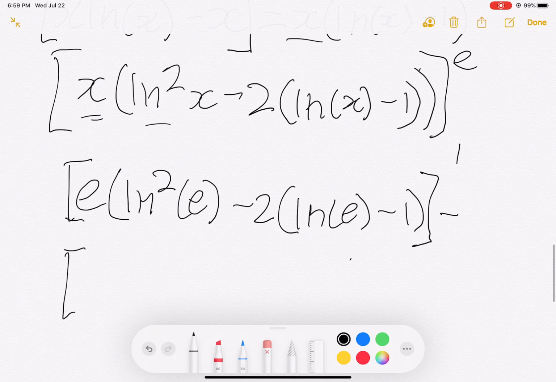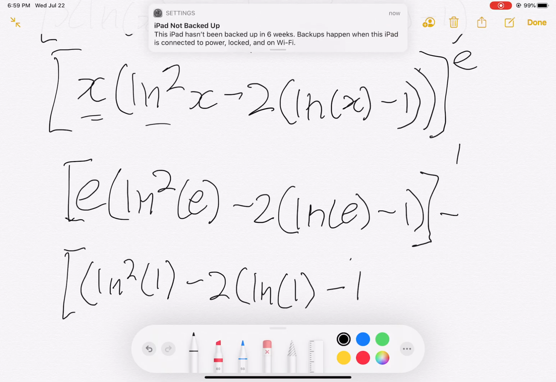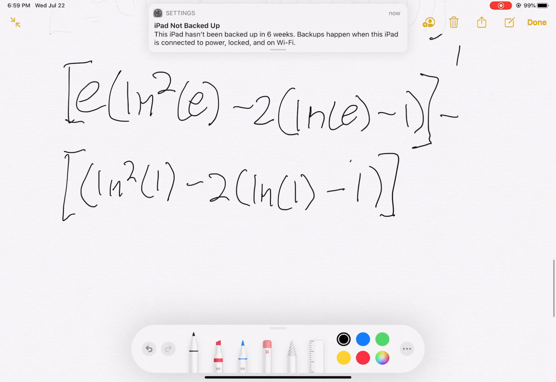Plug in 1, we get ln squared of 1 minus 2 ln of 1 minus 1, and there we go.